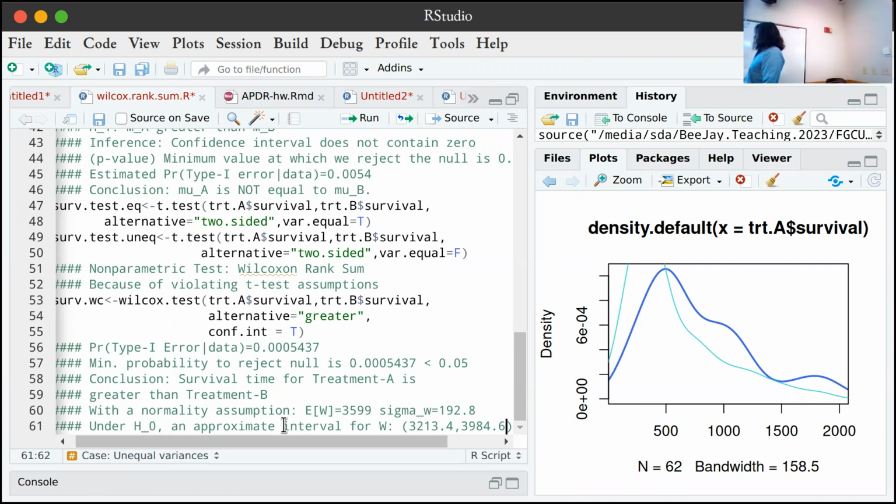That number is coming from experience. Oh, statistics 2023, empirical rule. So, under the null, I expect W to fall between those two values. R, W, does it fall between those two values?